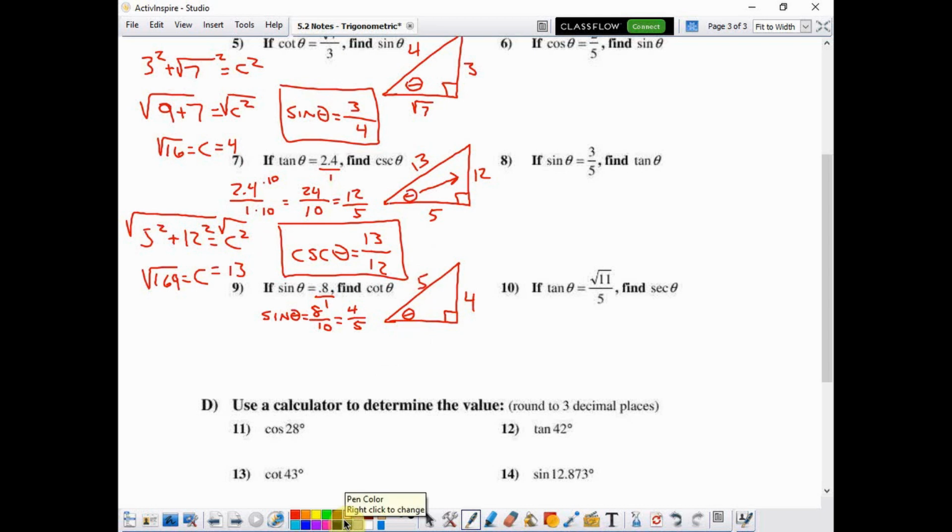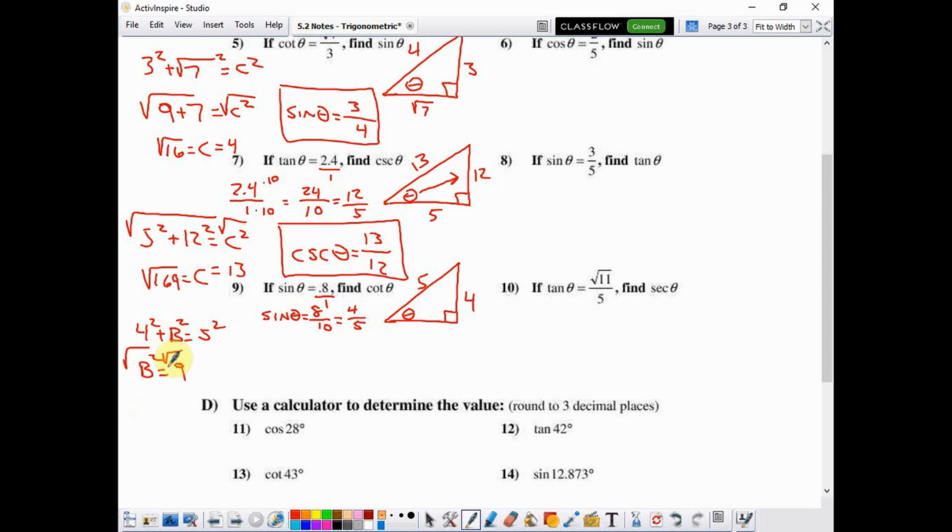I want cotangent. Cotangent is the reciprocal of tangent, which means it is adjacent over opposite. So I need to know the adjacent length. So that's 4 squared plus the other leg, which I don't know. We'll call that b. So I've got 4 squared plus b squared, and then c is 5 squared. 5 squared minus 4 squared is 25 minus 16, which is 9.